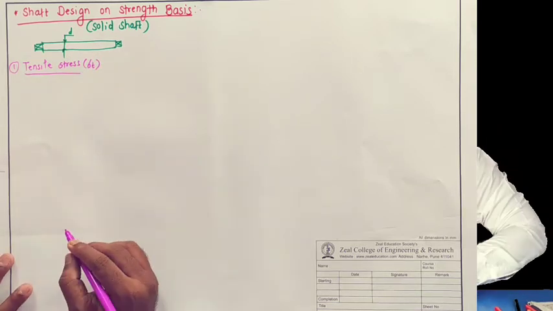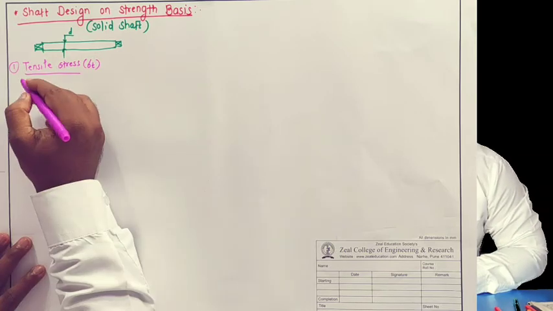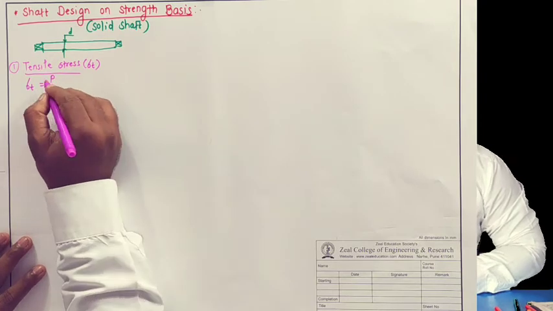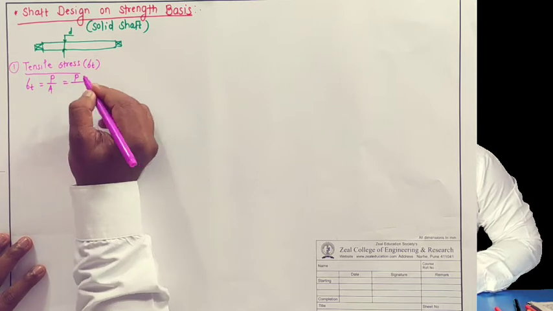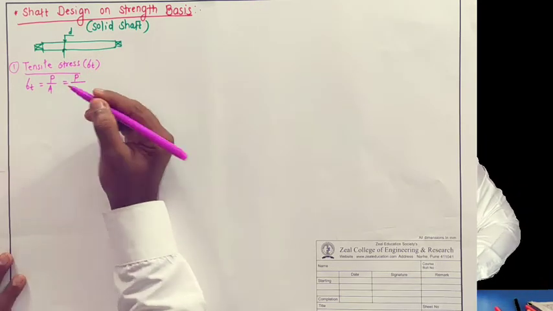Now to calculate this, we know stress is nothing but load by area. So sigma T is equal to load P divided by area. Here the load we can calculate or get directly, and for area, the shaft has a circular cross section.